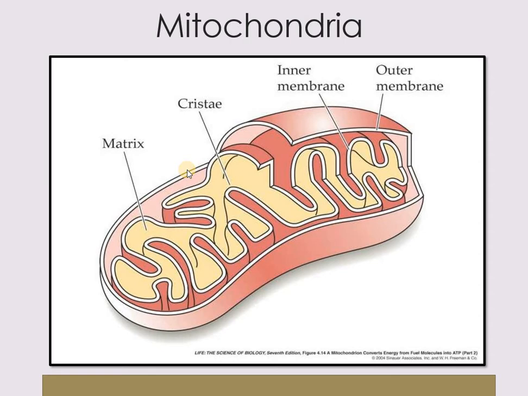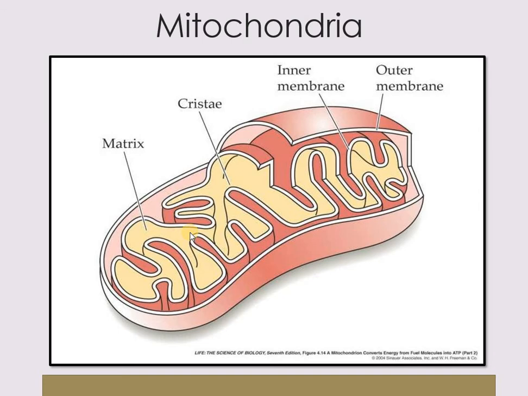The outer membrane is smooth and freely permeable to small molecules and medium-sized molecules and ions. The inner membrane is selectively permeable and is thrown into numerous small folds to increase its area several times. These folds are called cristae.